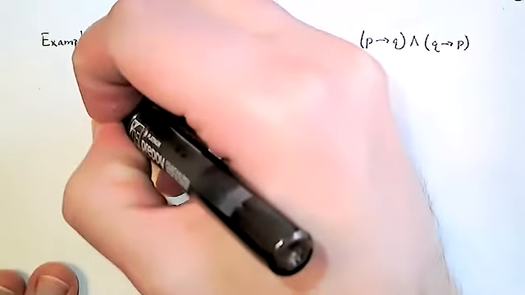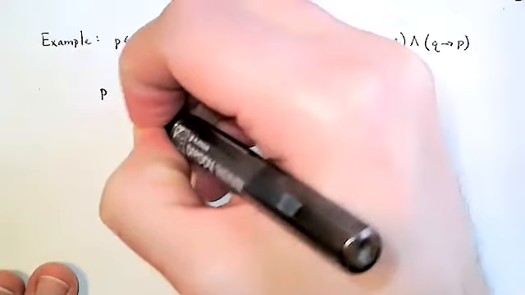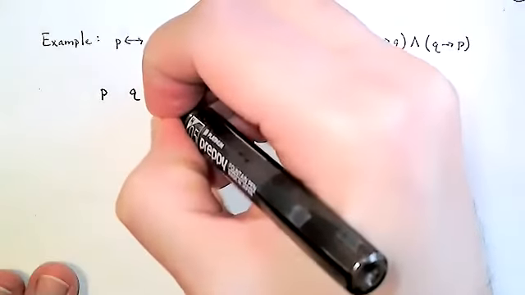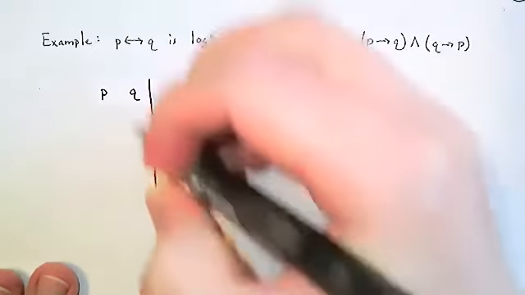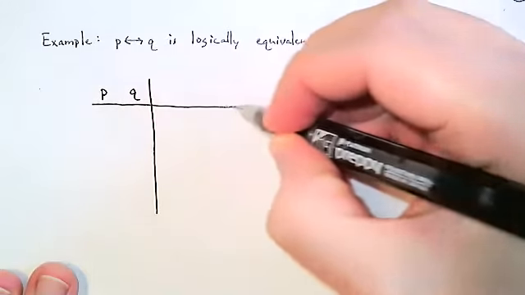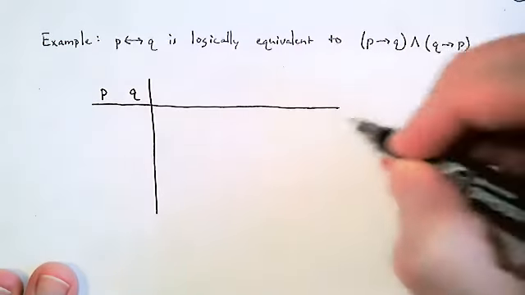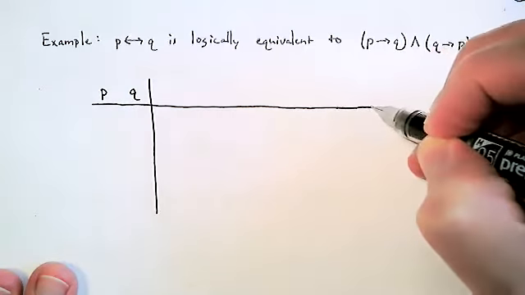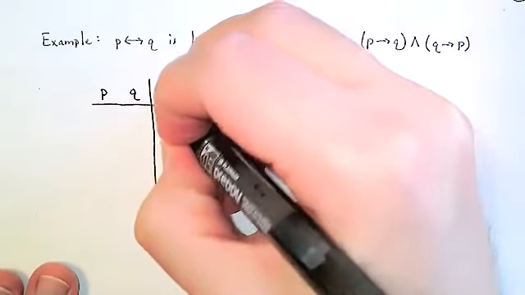Okay, so we need our truth table with 2 simple statements, and then we'll build up our complicated statement from the simple ones.